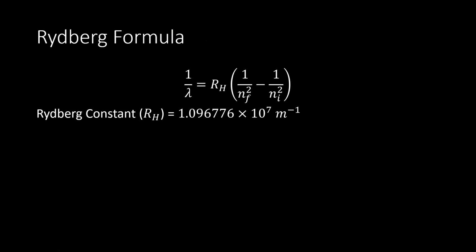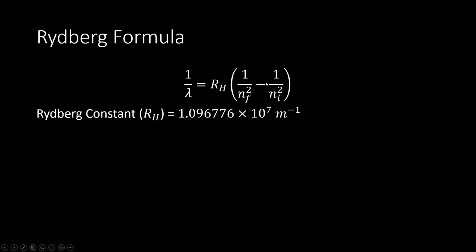In using this, we're going to have our Rydberg equation, which is a formula for relating 1 over the wavelength, setting that equal to our Rydberg constant for our specific atom, in this case hydrogen, so RH, multiplied by parentheses 1 divided by the final energy level, nf squared, minus 1 over the initial starting energy level, ni squared.